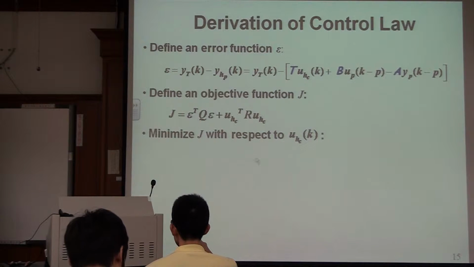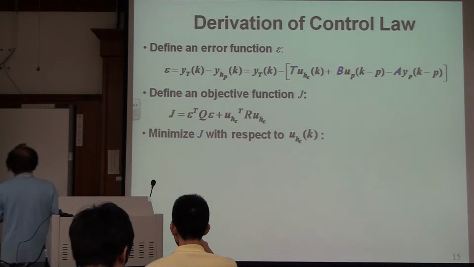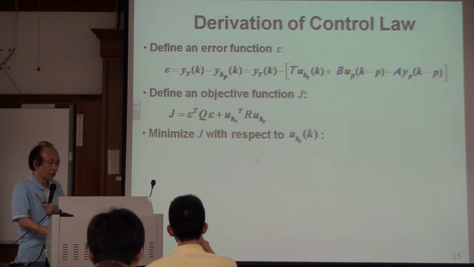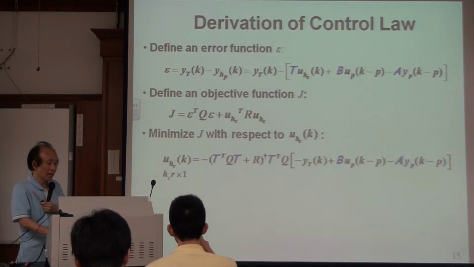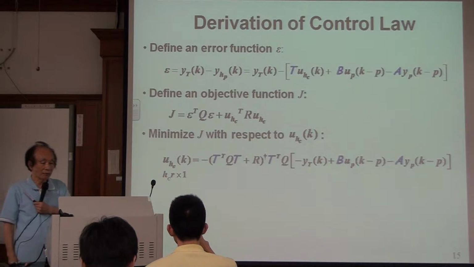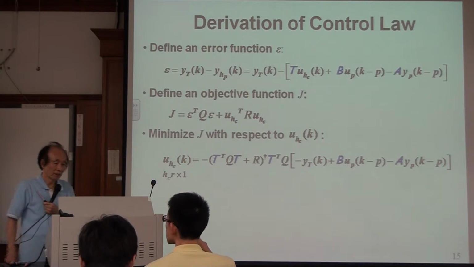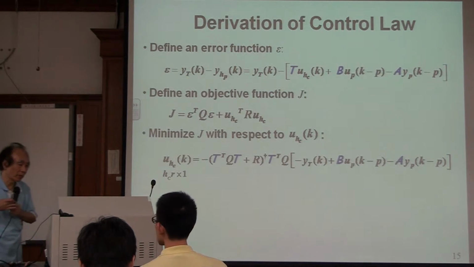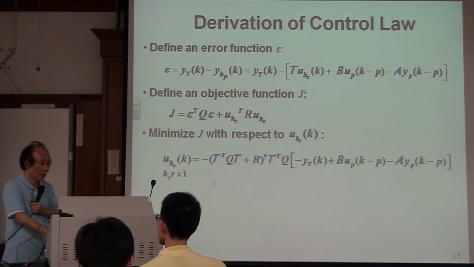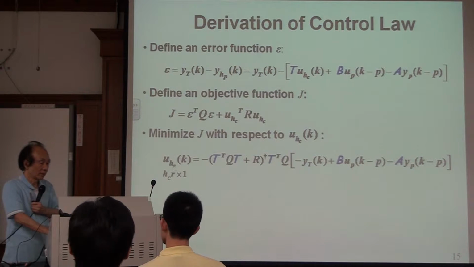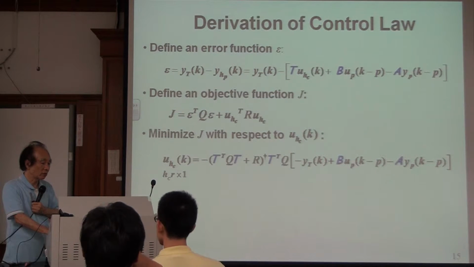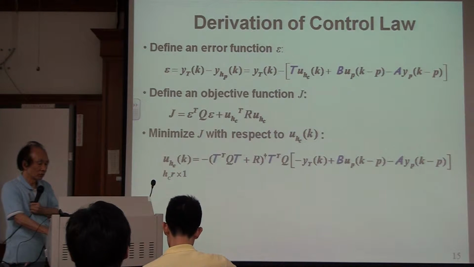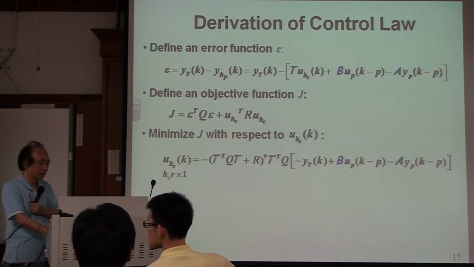That's exactly the same as the optimal control definition for the cost index. If we minimize that, then we got that formulation. I'm not going to derive that formulation for you, but it is telling you how I can find the U hat K that will minimize this.